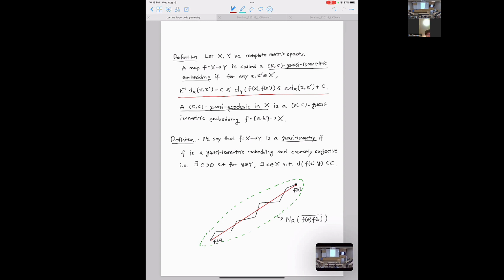Notice that if K is 1 and C equals 0, then f is an isometry. So if you deform the isometry, you can obtain the quasi-isometry. Then we say that a quasi-isometric embedding from an interval into X is a (K,C) quasi-geodesic in X.